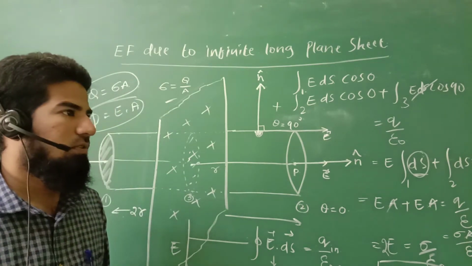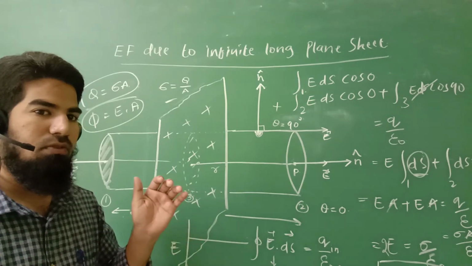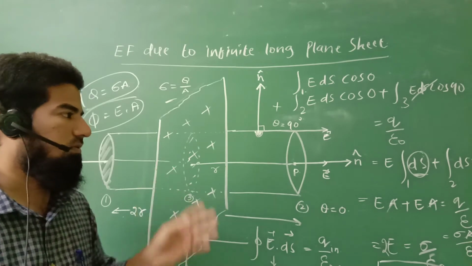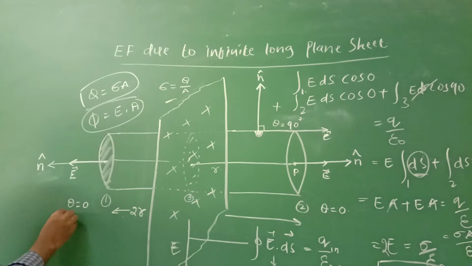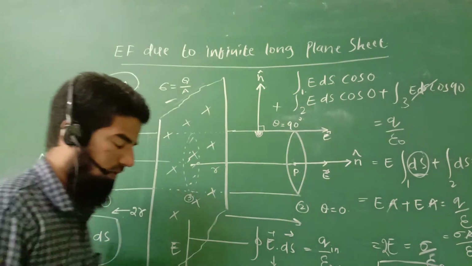We have also seen that the total electric flux in a closed surface can be calculated as the integration of E dot ds. So psi is equal to the integration of E dot ds. This is also what we have discussed.